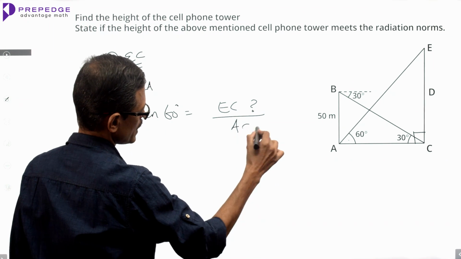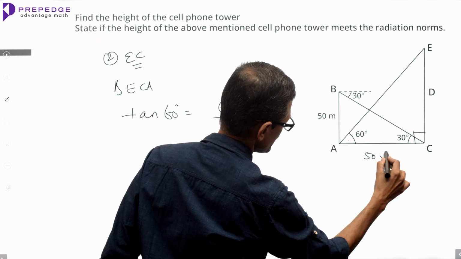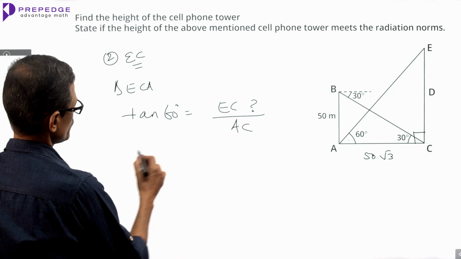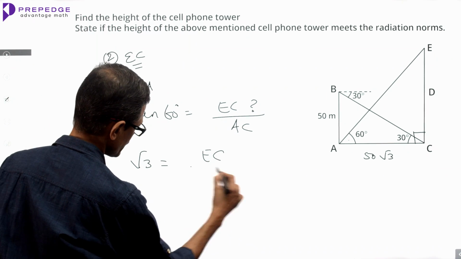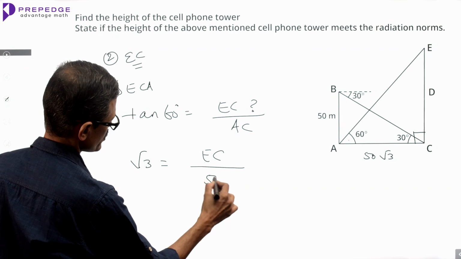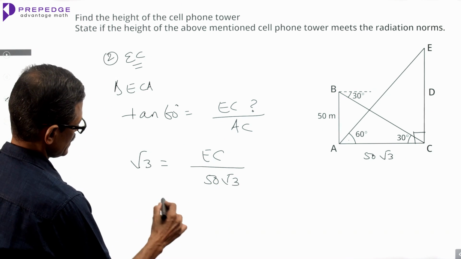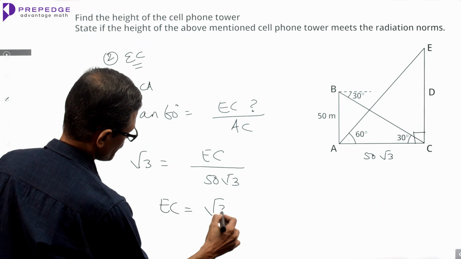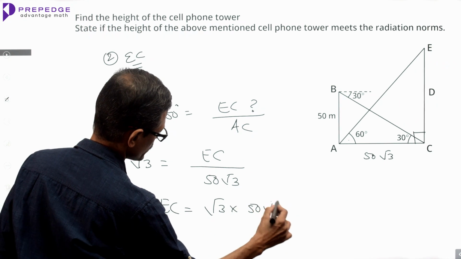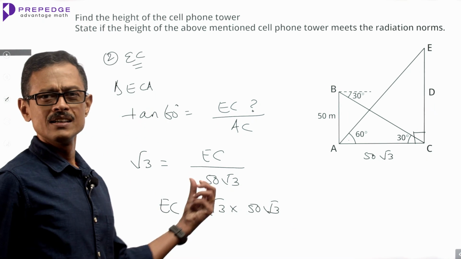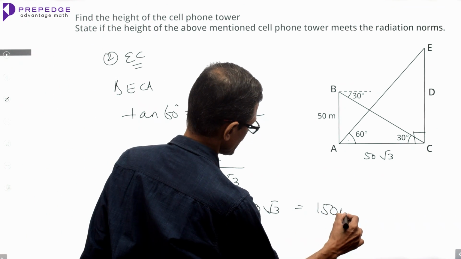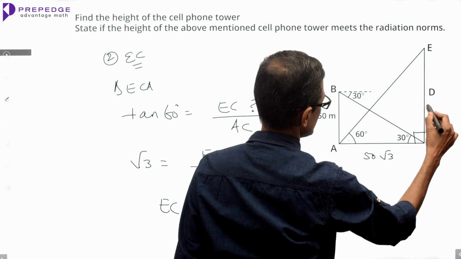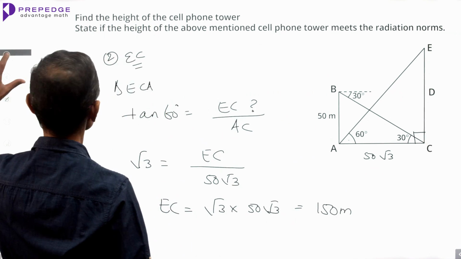AC போன ஸ்டெப்பில் கண்டுபிடிச்சிட்டோம், which is equal to 50 root 3. So, tan 60 is root 3 is equal to EC, height of the tower that we need to find out, divided by AC, which is equal to 50 root 3. EC is equal to root 3 into 50 root 3. இதை cross multiply பண்ணிட்டோம்னா 50 root 3 into root 3 is equal to 50 into 3, which is equal to 150 meters. EC is the height of the tower, which is equal to 150 meters.